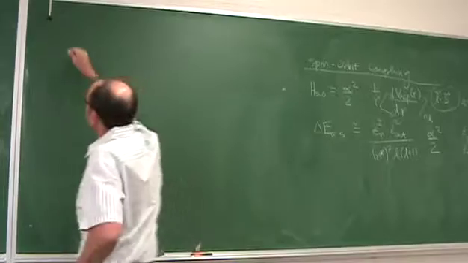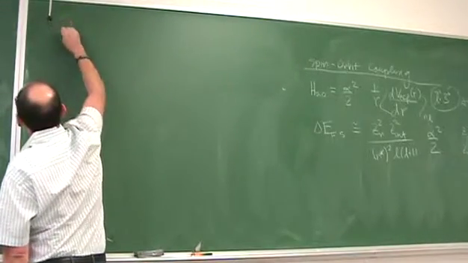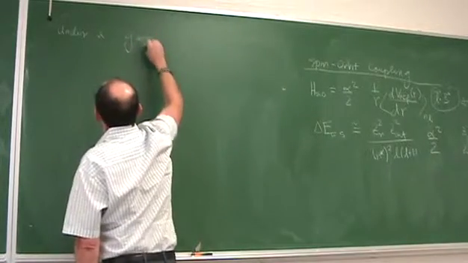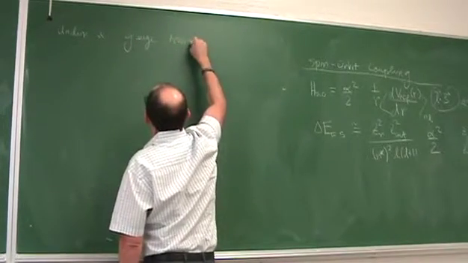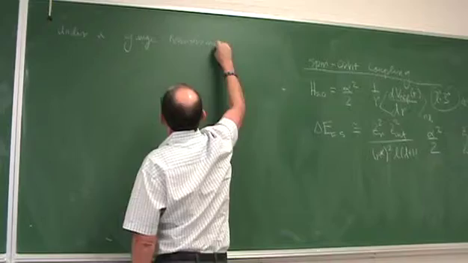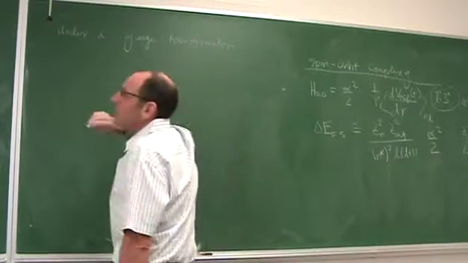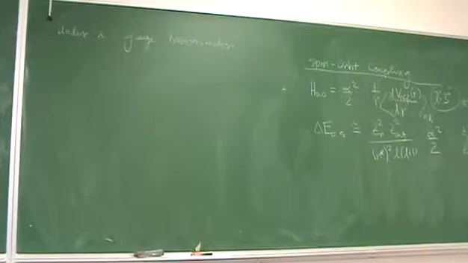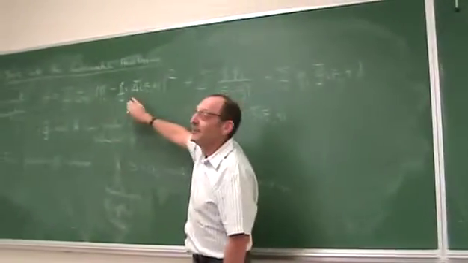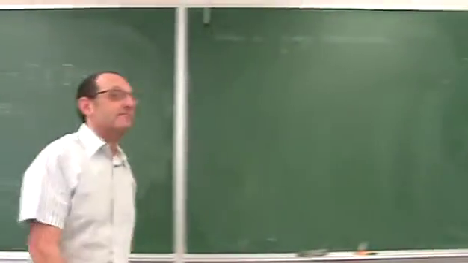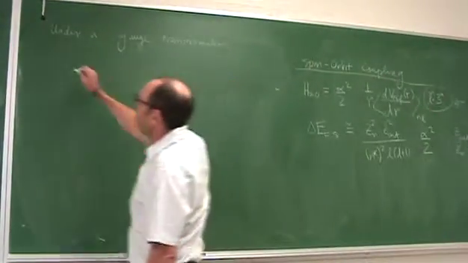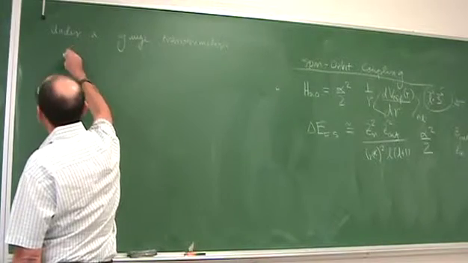So under a gauge transformation, by the way, this is all in CGS units, so that's why there's a 1 over c here, if you're less familiar with that. Under a gauge transformation, I have a gauge function.